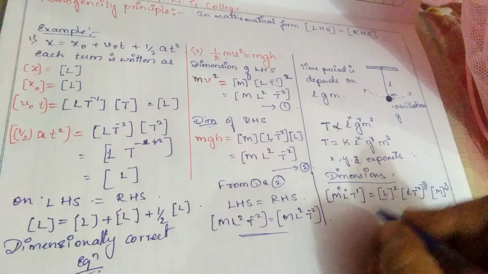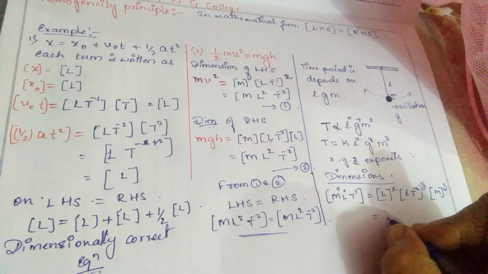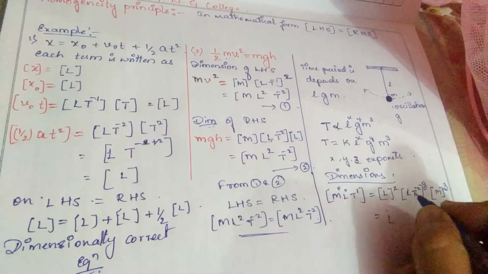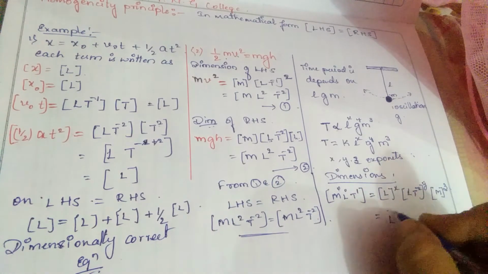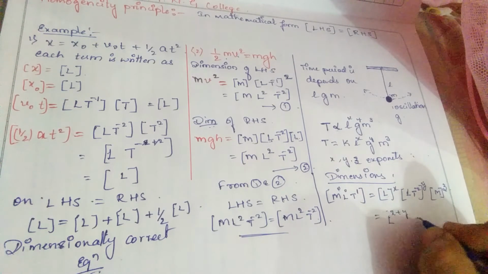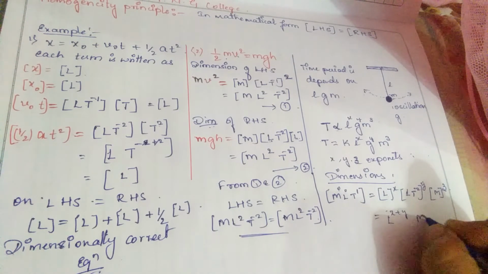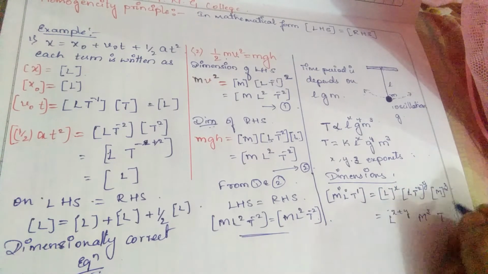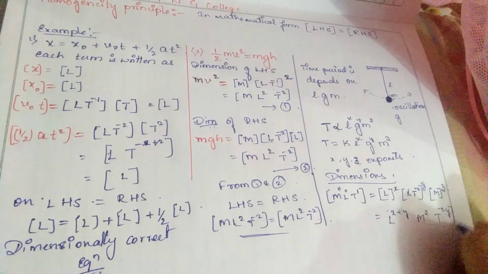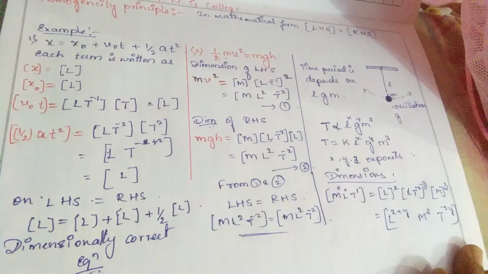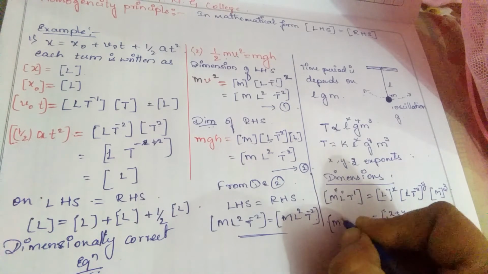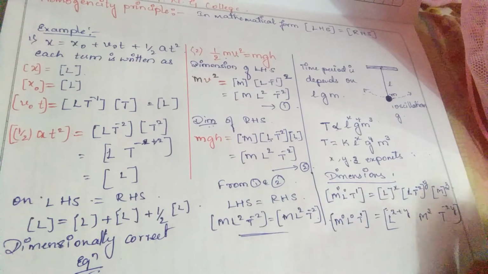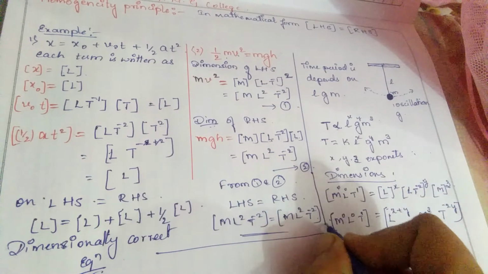On the RHS, L is common, so L to the power x plus y, and M to the power z, and T to the power minus 2y, in the big bracket. By applying the homogeneity principle, you have to equate the equations here.